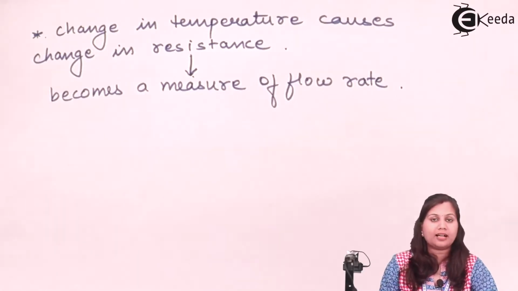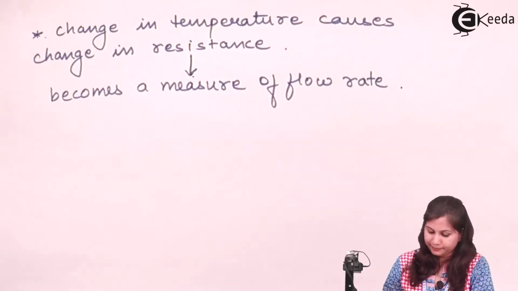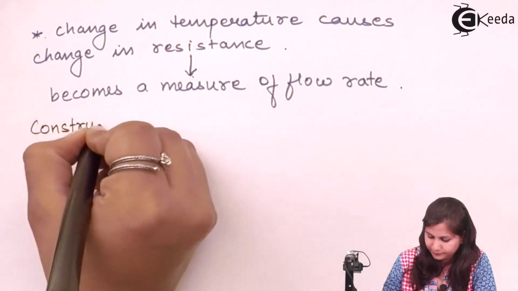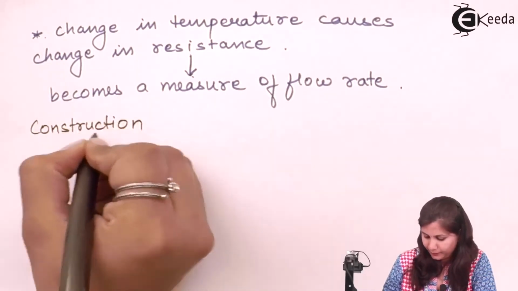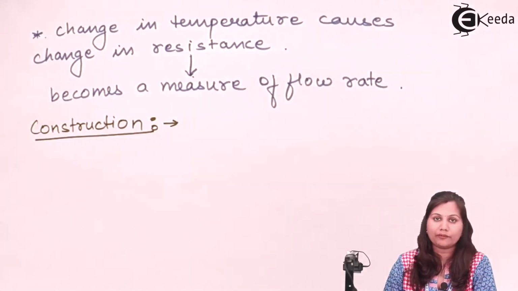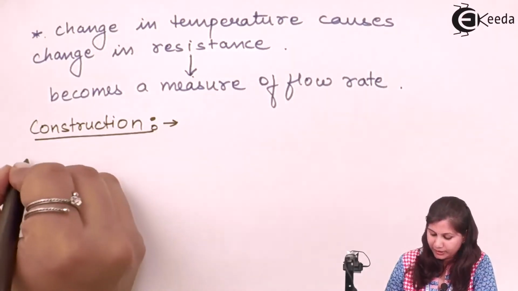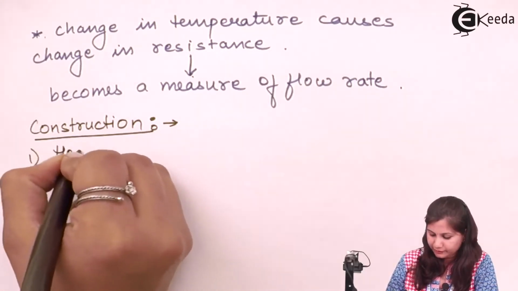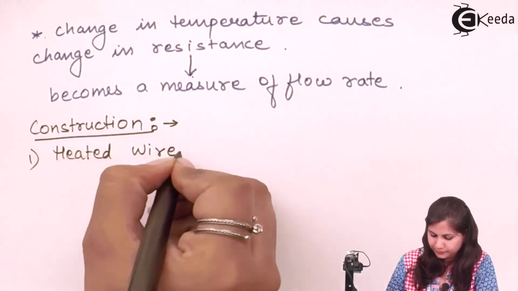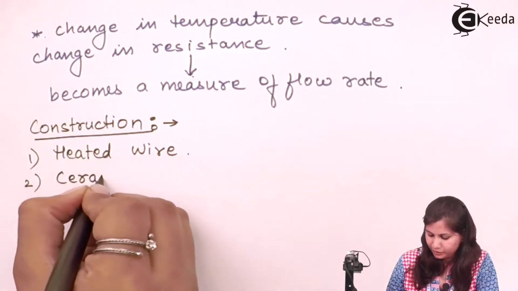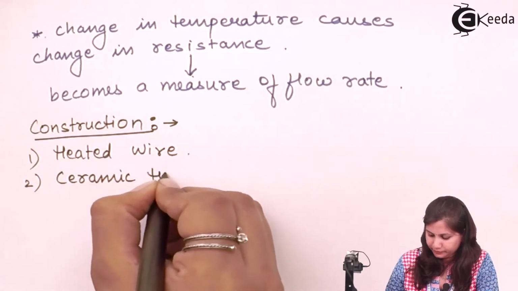Now let's see the construction of the hot wire anemometers. If we talk about the main parts or main components of the hot wire anemometers, then the first component is the heated wire. Then we have a ceramic tubing.